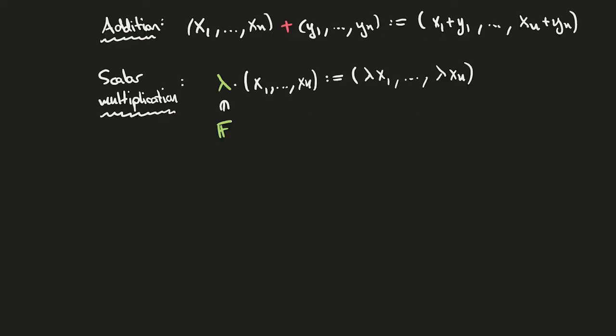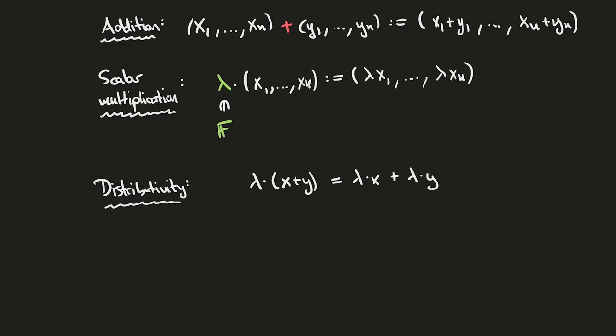There's one last important property that ties addition and scalar multiplication together, namely the distributive property. This states that lambda times (x plus y) is equal to lambda times x plus lambda times y, and (lambda plus mu) times x is equal to lambda times x plus mu times x.